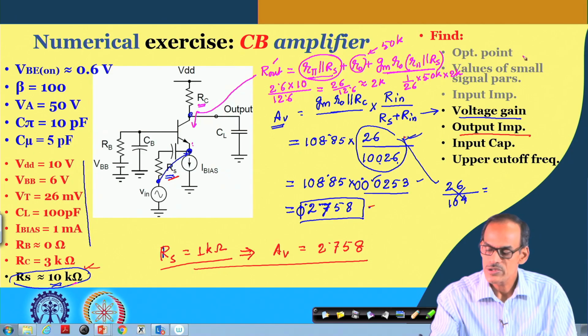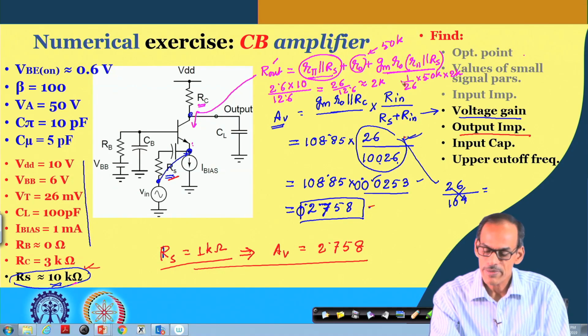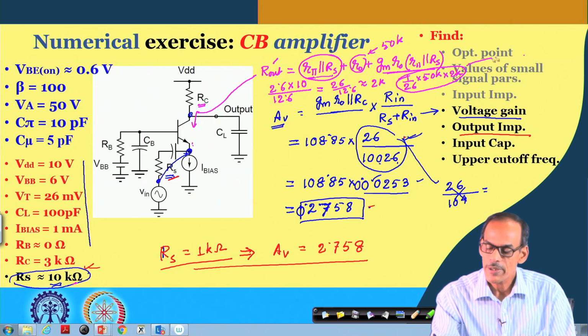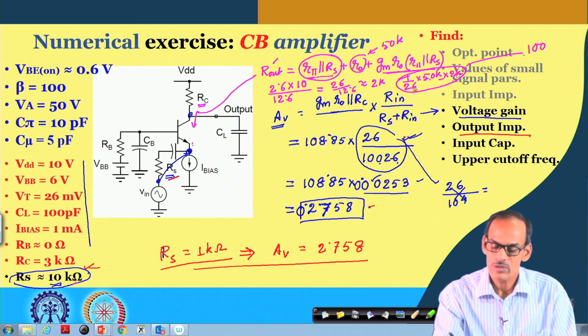So, let me use this space here. This part is really becoming clumsy here. So, what we are getting here is 2 into 50, 100, and this is kilo, this is also kilo, this is ohm.